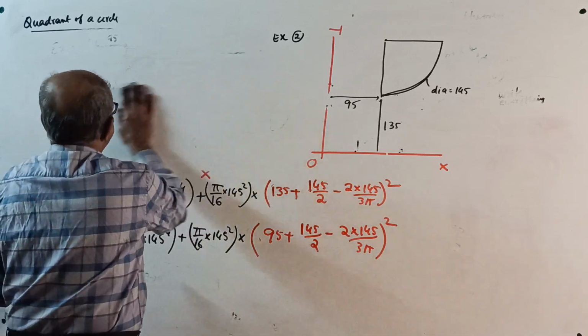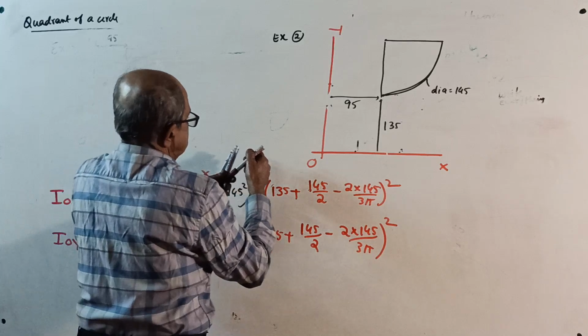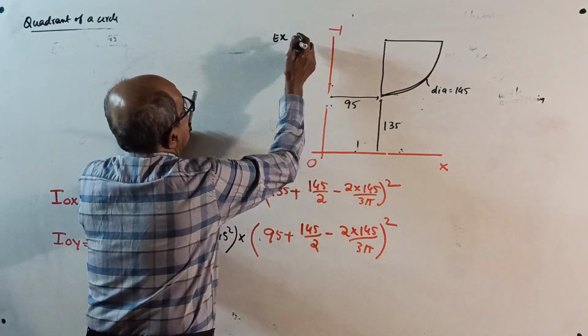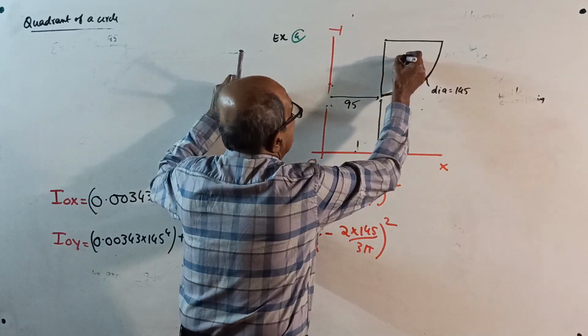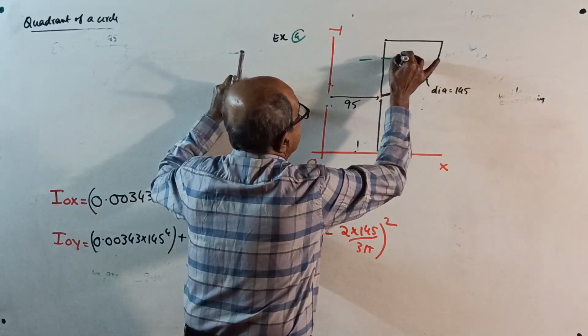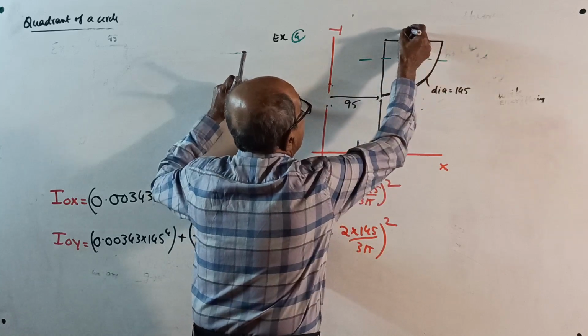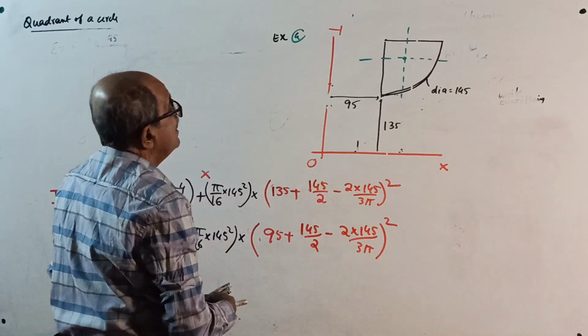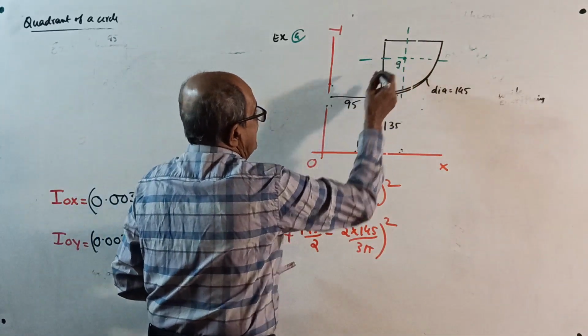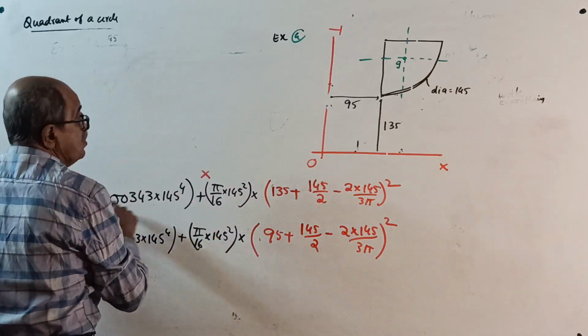Example 4. Everything covered now. Start. Its centroid is here. See, this is x axis, its own x-axis. This is centroid G. I about OX.